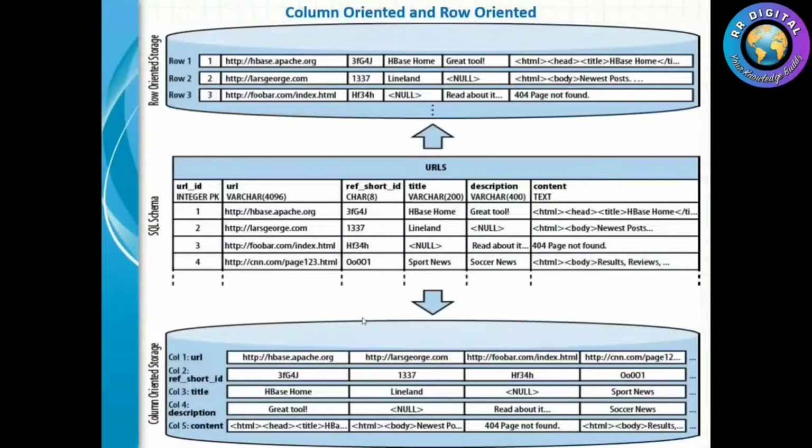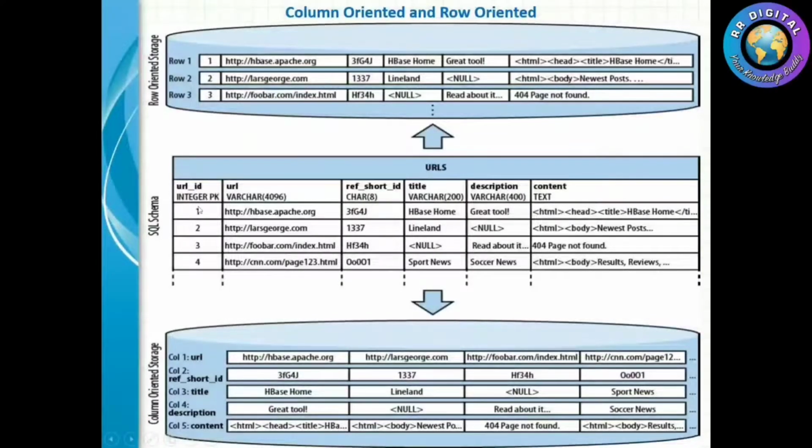How does HBase store data column-wise? How is your data organized as column-oriented? Here this is row-wise. You can assume the first table is Hive, the second table is a traditional RDBMS, and this one is HBase. Here in the first row you see serial number 1, an ID, some URL, and a name. So here also data is stored row-wise only. The same with HBase home, here also HBase home.